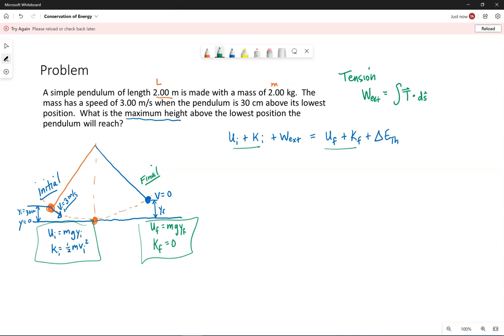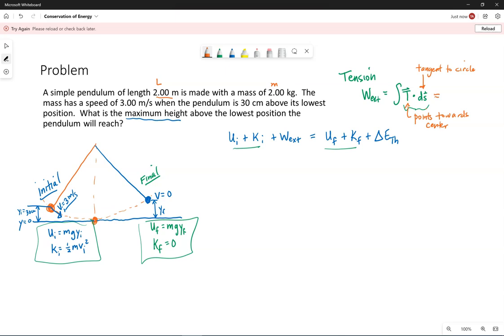But again, for the dot product, the force needs to have a component in the direction of motion. In the case of tension, this always points inwards, towards the center. The displacement at any given moment is tangent to the circle. That represents the direction the ball is headed in.